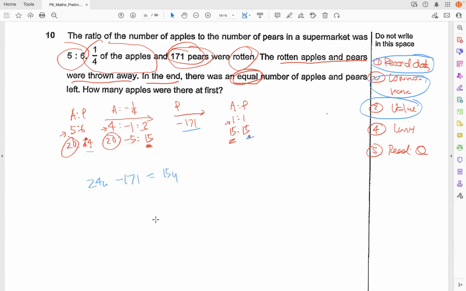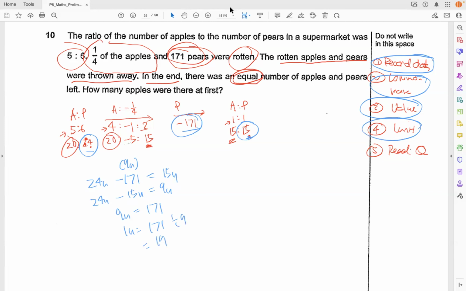So it's 24 units minus 171, and you're left with 15 units of pears. So 24 units minus 15 units gives you 9 units. So 24 minus 9 is 15. So 9 units is equal to 171 pears. 1 unit is equal to 171 divided by 9, and you get 19.